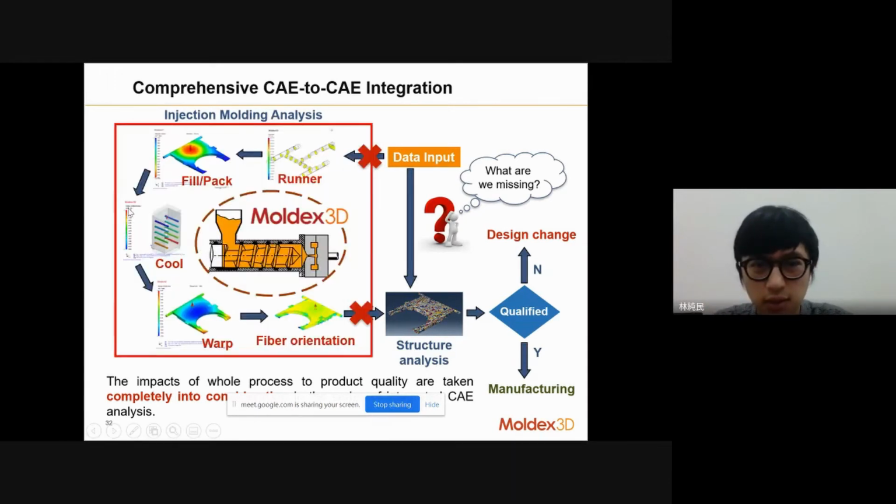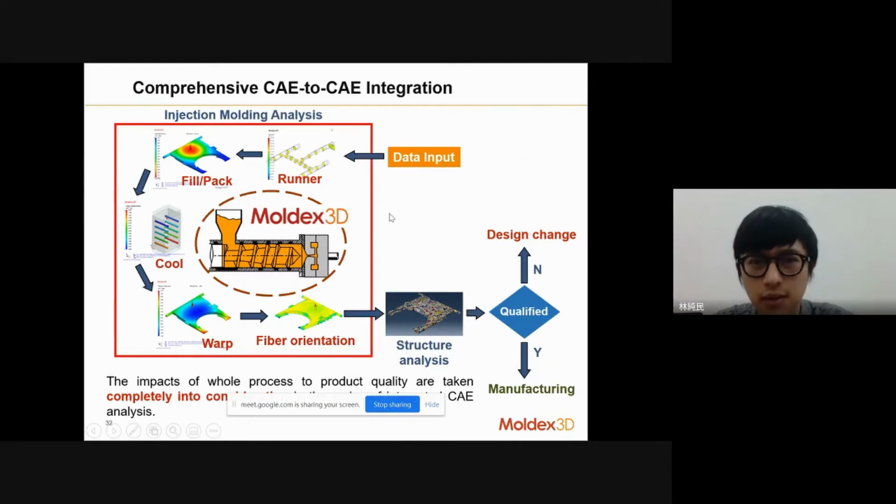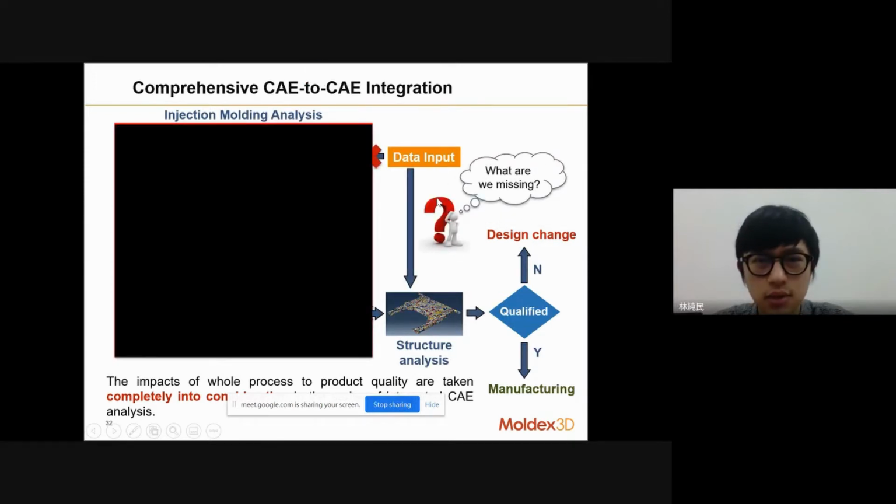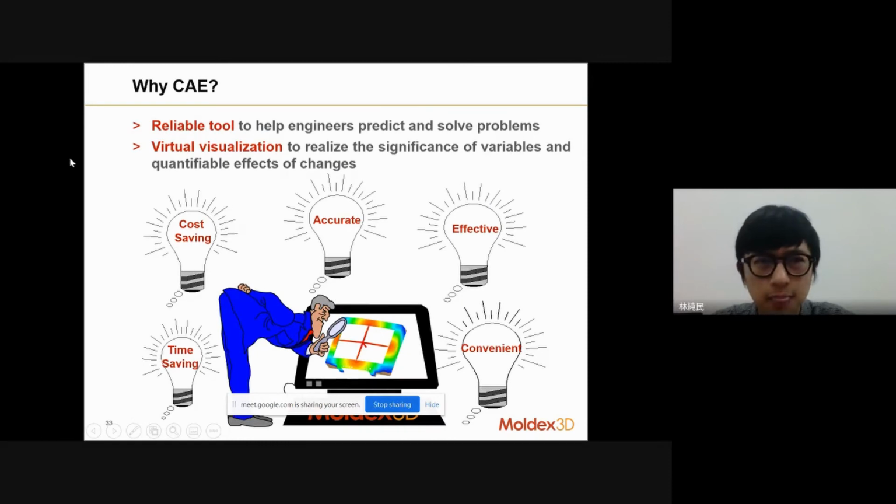So let's go back to this. If you can use our software to predict, then you don't need to do trial and error many times. Okay. So why CAE? Because with CAE, our accuracy is already good enough, especially as I introduced, for some customers from different industries. There are a lot of well-known companies.